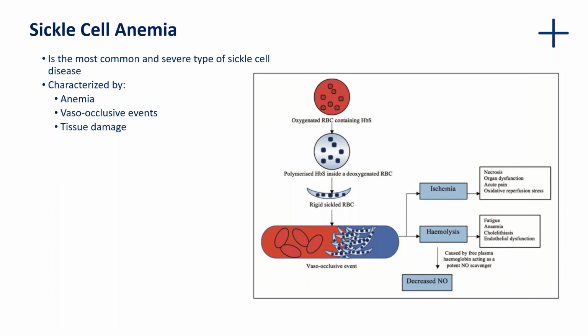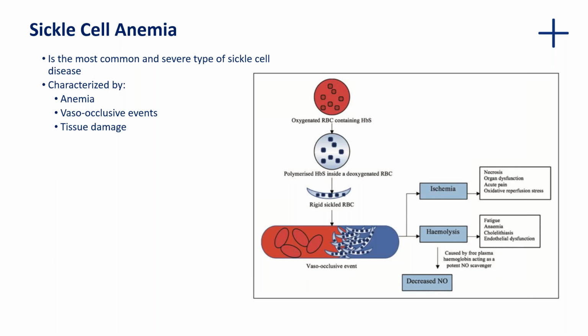So now if you look on the right side of the screen at the diagram, these clinical signs and symptoms are produced as a result of these rigid sickle red blood cells, which tend to cause vaso-occlusive events in the microvasculature in the body.